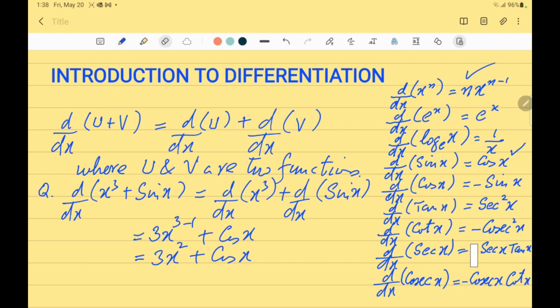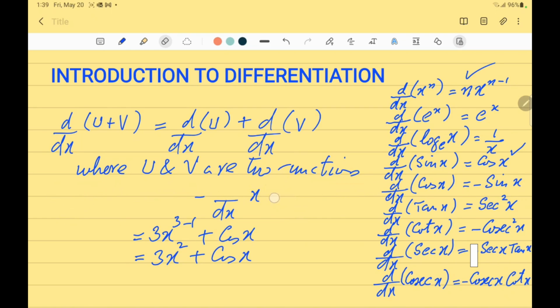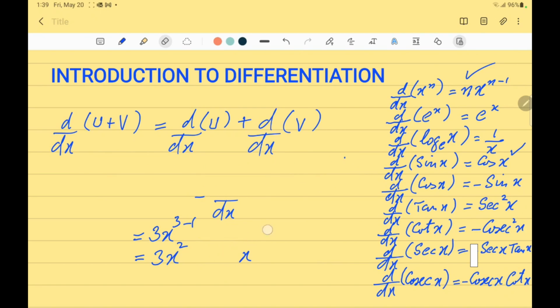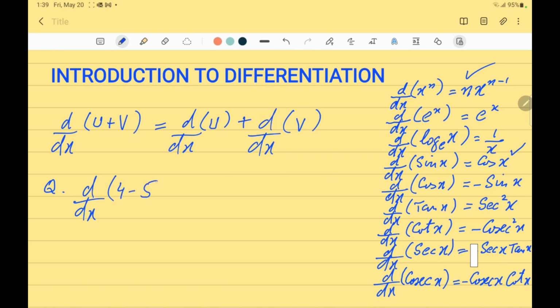Let's take another example. d by dx of 4 minus 5 sin x plus 3 log of x with the base e.